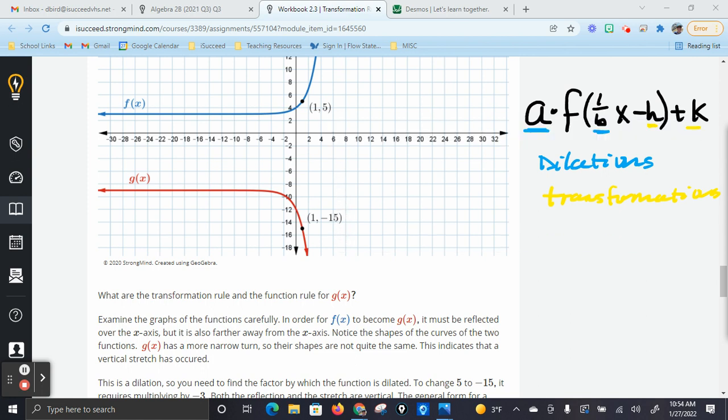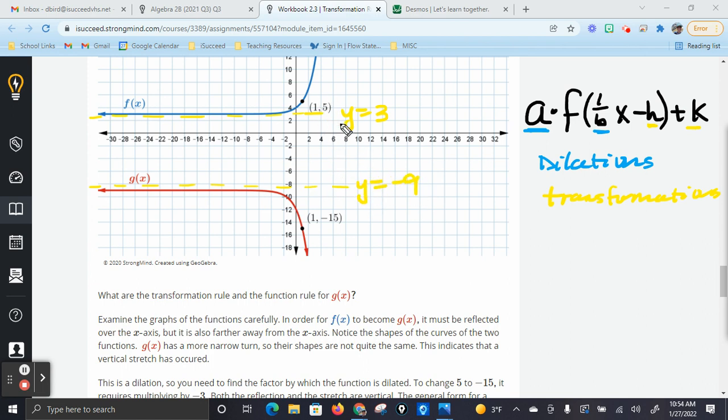And then in my mind, I can really see it when I look at the asymptotes. So look at the asymptote of the blue graph. It's at y equals +3. And then if I look down here, this is y equals -9.